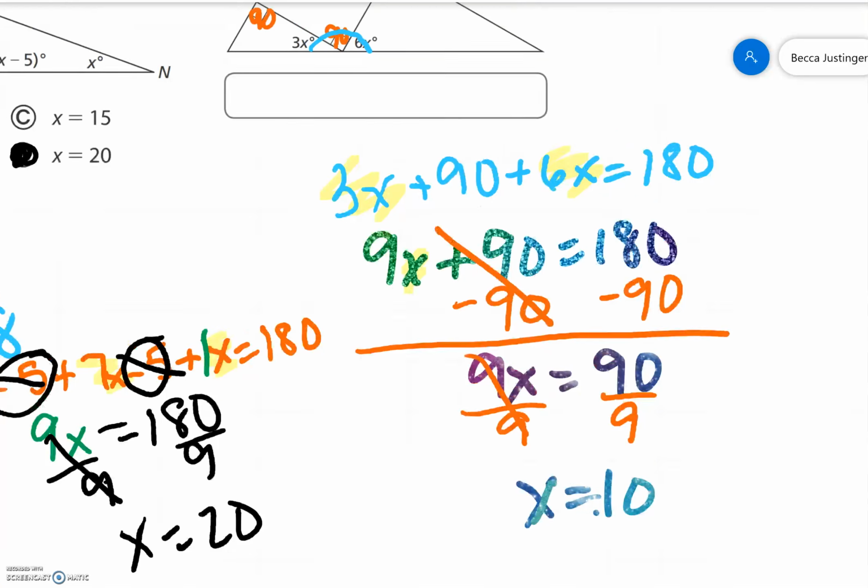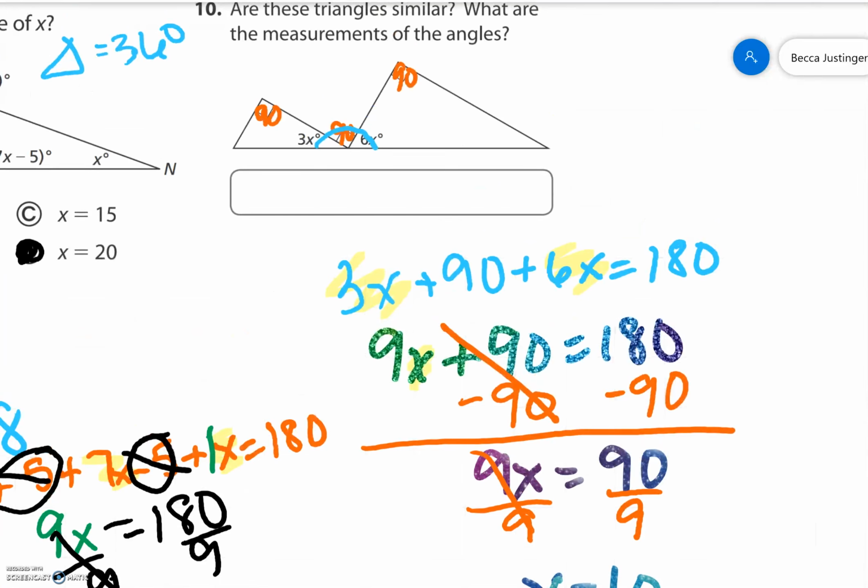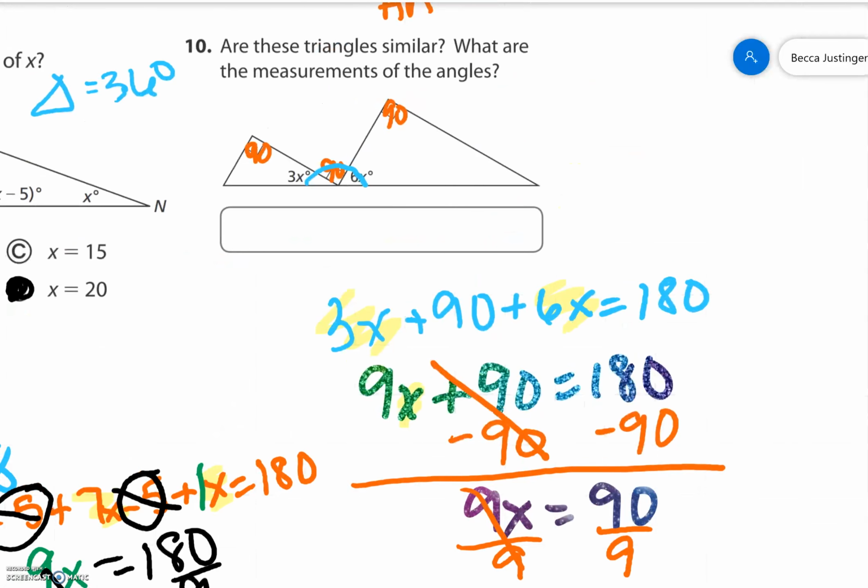So if I plug that back into the original figure, I know 3x, that must mean this is 30. 6x, that must mean this is 60. So to find out if they're similar, we need two angles that are the same. I've got 90 and 90, but then 30 and 60. I got to find the third angle.